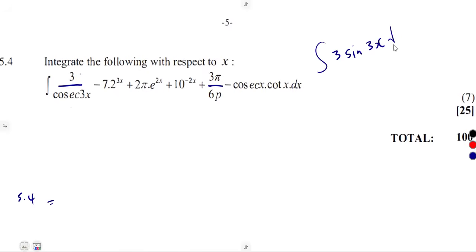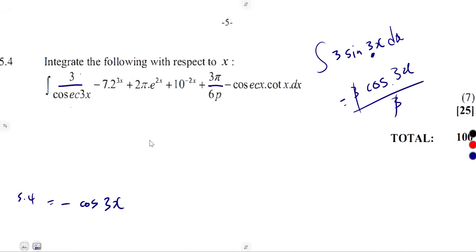So if we integrate the sine from our formula sheet, sine gives us a cos. But remember, we must divide by the what? This 3. So it's negative 3 cos of 3x, then divide by that 3. So the 3s cancel and we get negative cos 3x. Okay.